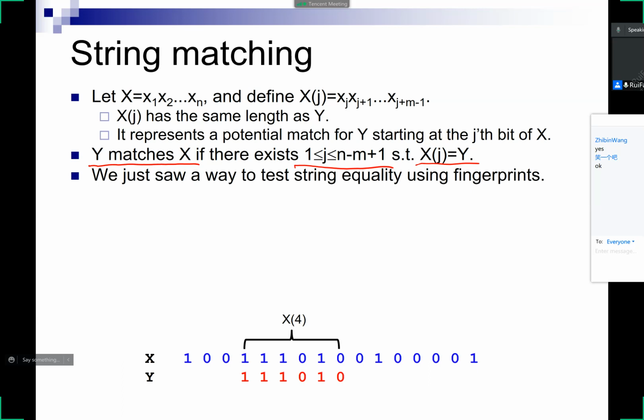So now our problem becomes testing whether x and y are exactly equal at the jth position for some j. And we just saw this algorithm, right? The previous algorithm is a way to check whether two strings are equal to each other using fingerprints. So we're going to make use of the previous algorithm within the string matching algorithm.